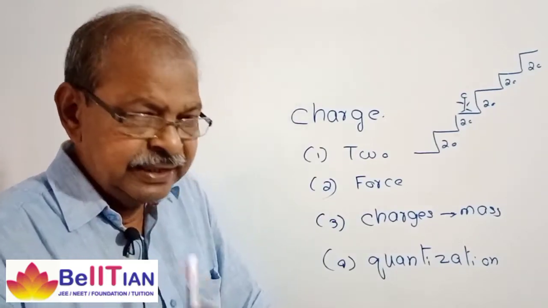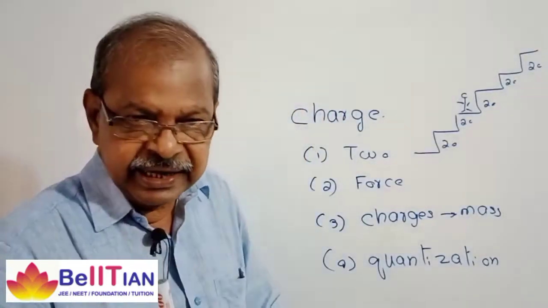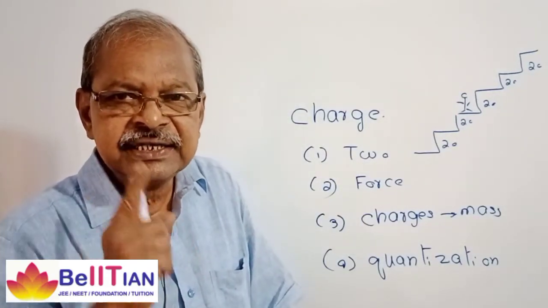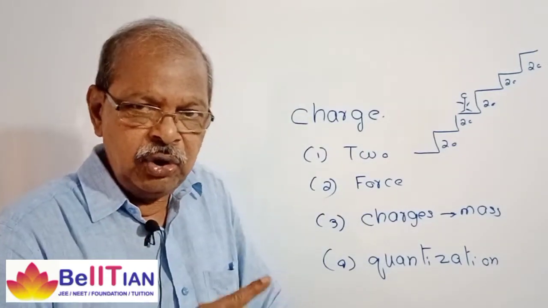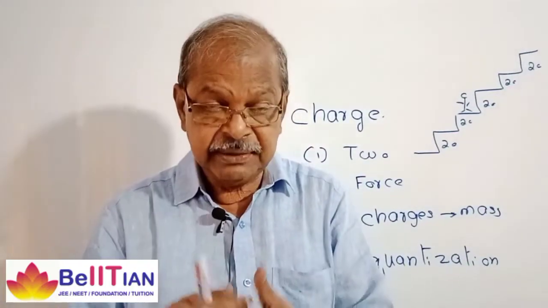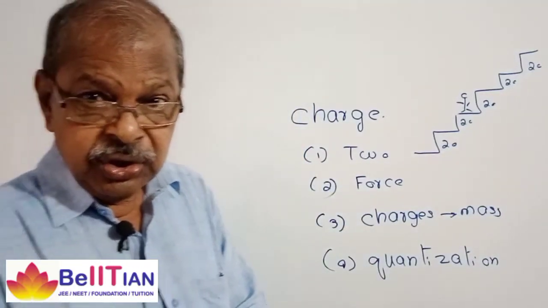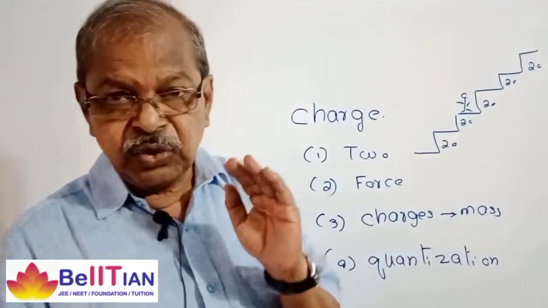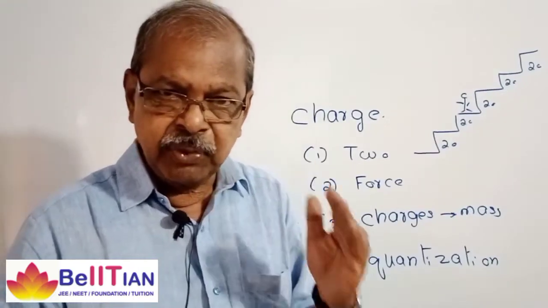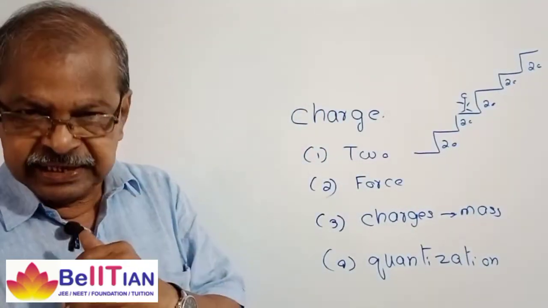Like that, the minimum charge that can be increased or decreased in a body is the charge of an electron or a proton. Even though the protons are very heavy compared with electrons, the charge associated with electrons and protons are equal in magnitude but different in sign.